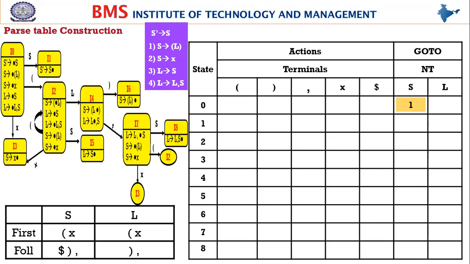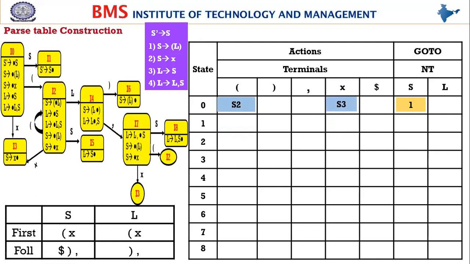And on opening parenthesis, you will be shifting and going to 2, correct? So from I0 on opening parenthesis, you are shifting the symbol, open parenthesis, and going to state 2. So on opening parenthesis, we are writing it as S2, meaning shift open parenthesis and go to 2. Similarly, on X from 0, we are going to shift X and go to 3.